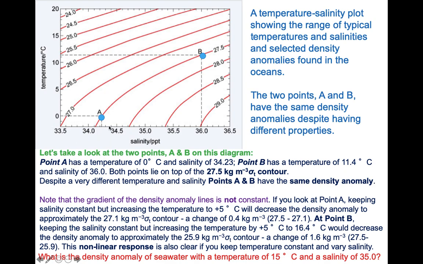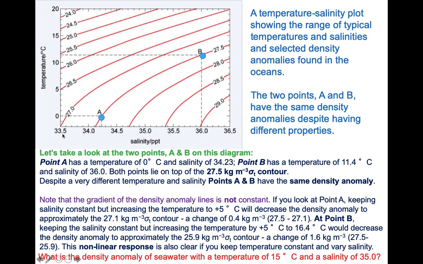Point A has a temperature of about 0 degrees Celsius and a salinity of 34.23 per thousand. Point B has a temperature much higher, 11.4 degrees Celsius, and a salinity of 36. But you do realize that both A and B actually lie on this same density curve right here. So they have the same density anomaly.